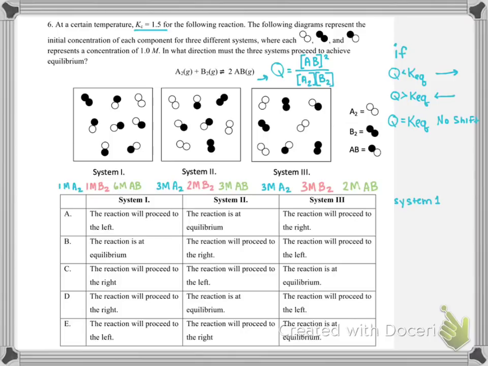So we'll have our Q that we're trying to find. We have AB squared on top. And we can see from the diagram that we have 6 molar AB, that's squared, divided by our concentration of A, which is just 1, times our concentration of B, which is also just 1.